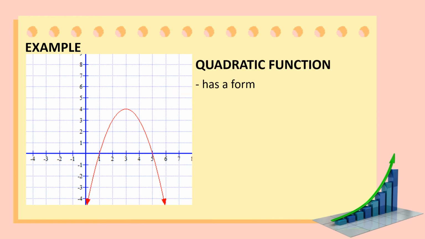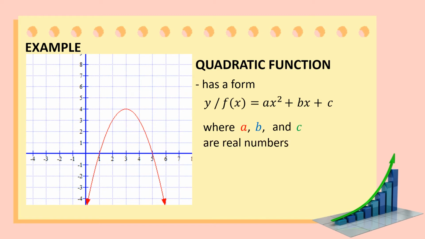A quadratic function has a form y or f of x is equal to ax squared plus bx plus c, where a, b, and c are real numbers and a should not be equal to 0.